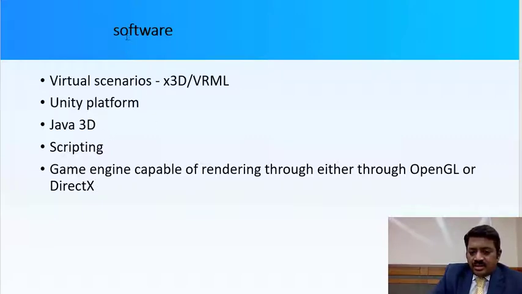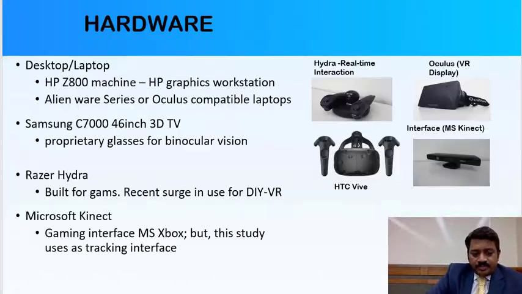And to give a general idea of the software that was used, X3D, Unity platform, Java 3D, and scripting were used for generating these 3D worlds. And for the hardware component, the specifications are mentioned in the slide here. We used Razer Hydra, Microsoft Kinect, and HP graphics workstation along with HTC Vive for the VR based visualization.